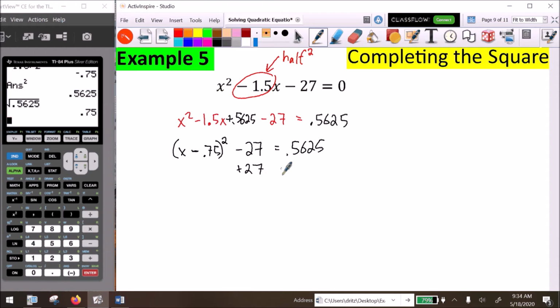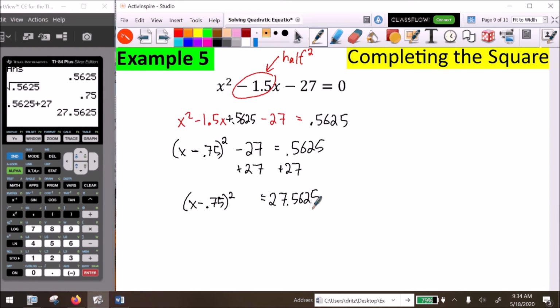So 27 plus 0.5625 is 27.5625. So we have the quantity x minus 0.75 squared is equal to 27.5625.